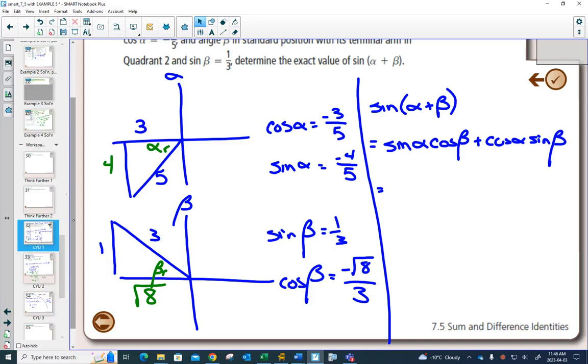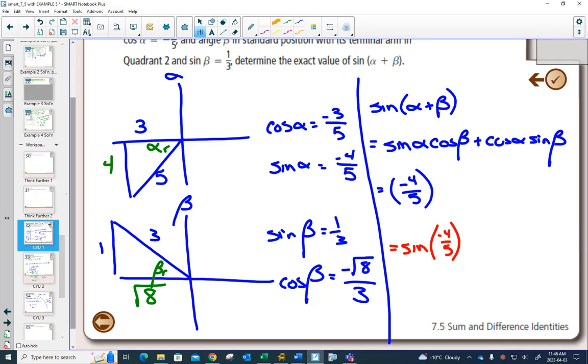So the correct way to do this is to substitute for sine alpha. You have to realize you don't know alpha. Nowhere did you figure out what alpha is. But you know that sine of alpha is -4/5, so we replace the whole thing. The wrong way, and this is very typical, because you are so used to substituting for a variable.